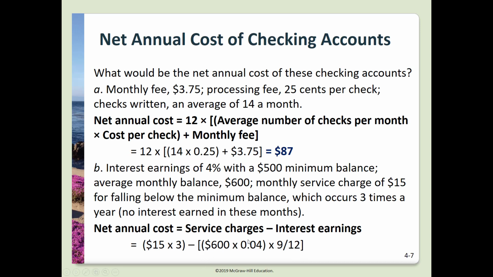So that's where I'll also use my calculator, solve this part, then multiply it by the 9 out of the 12 months, and that'll give me my interest earned on the right. Then I'll subtract the service charge and the interest earnings from each other, and we get $27. So as you can see, there's a lot of pieces that we have to account for. So you want to be careful as you read through the problem that you don't miss any of the pieces.